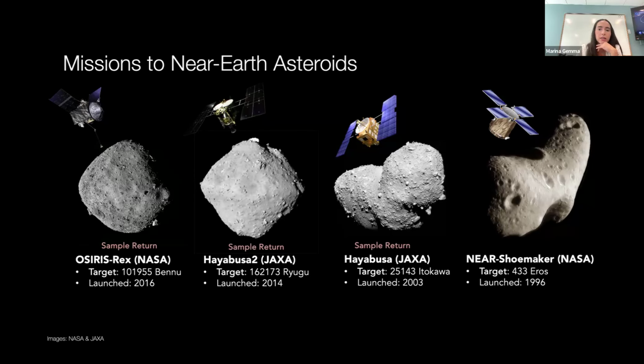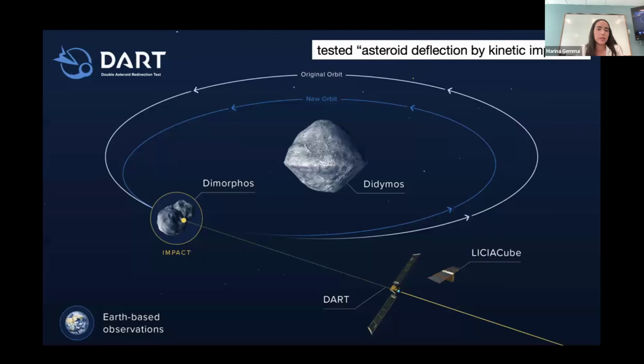And on the planetary defense side of things, NASA had a mission called DART, the Double Asteroid Redirection Test. And this was essentially testing what would happen if we had to deflect a potentially hazardous asteroid from hitting Earth. So they chose a system that has no possible chance of ever being hazardous to Earth.